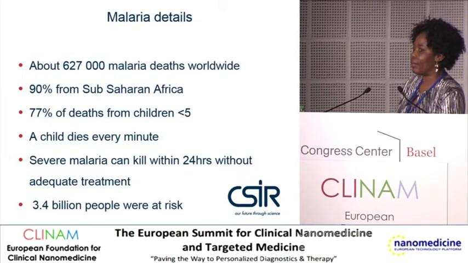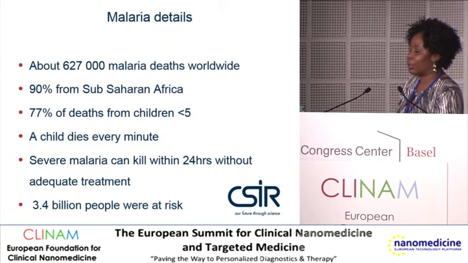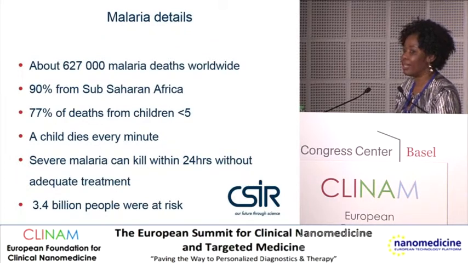Basically, 627,000 malaria deaths are recorded worldwide annually, and 90% of these deaths occur in sub-Saharan Africa. And it's disheartening to know that 77% of these deaths actually occur in children less than 5 years of age. A child, as you're saying, dies of malaria every minute. Severe malaria can kill within 24 hours if adequate treatment is not given.